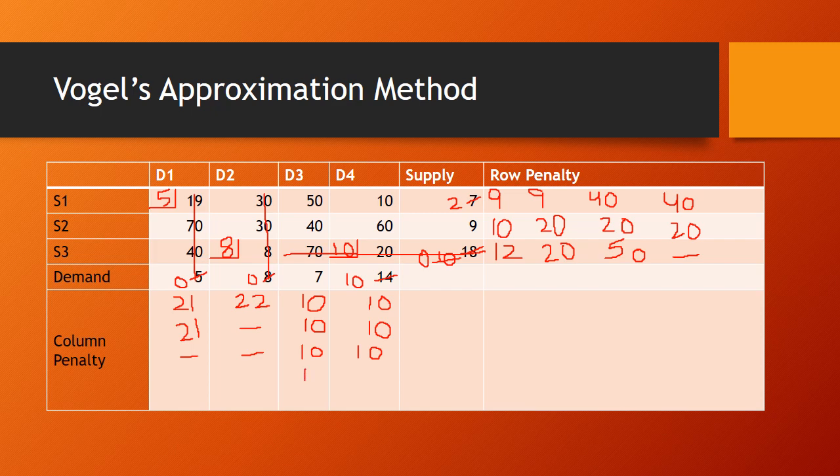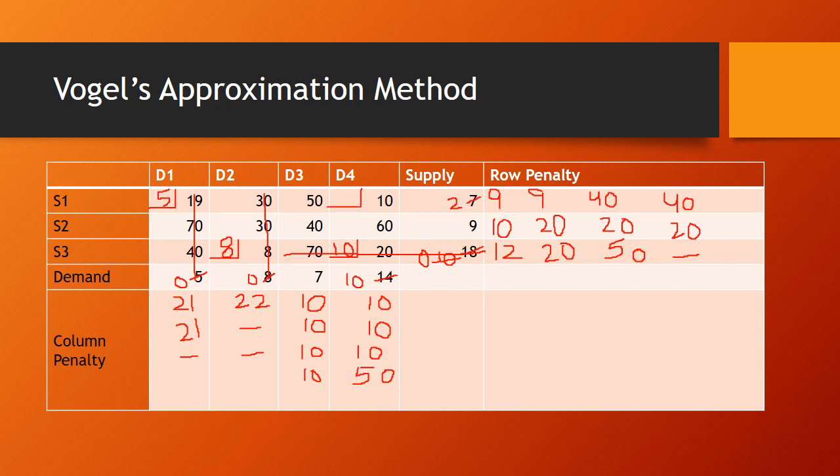It is still 10, and this came out to be 50 now because 60 is the second least, and 10 is the least. So now again reconsidering our penalties. In column D4, 50 is the highest penalty, so we will use the column D4, and in column D4, 10 is the least cost, so we will choose this corner.